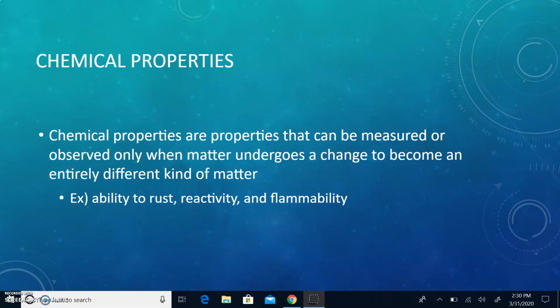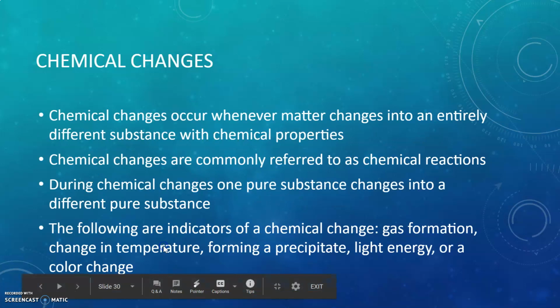Now, in terms of those chemical properties, we need to also think about chemical changes. And these are going to be things that you and I can observe that can let us know that those chemical properties are in fact being observed, right? And so it says that chemical changes occur whenever matter changes into an entirely different substance with chemical properties.